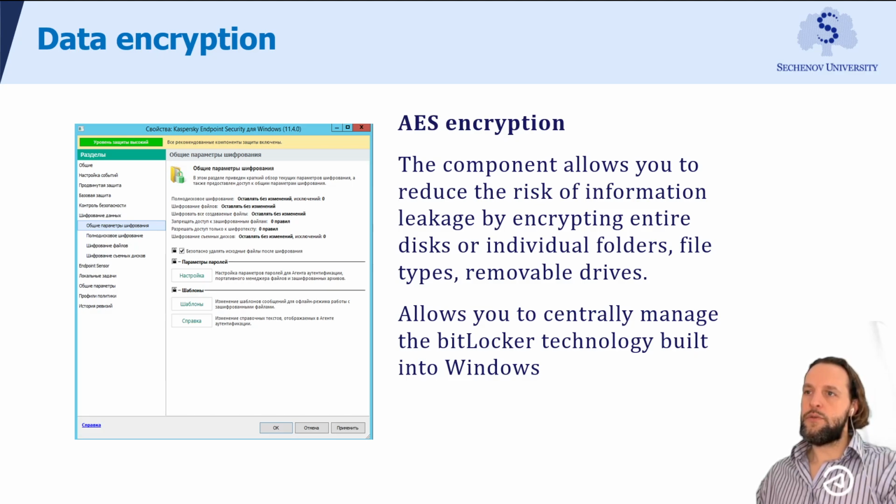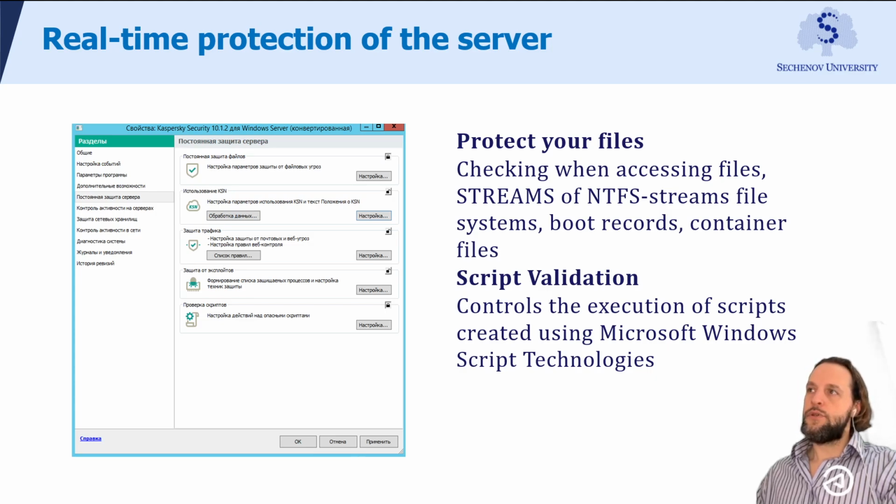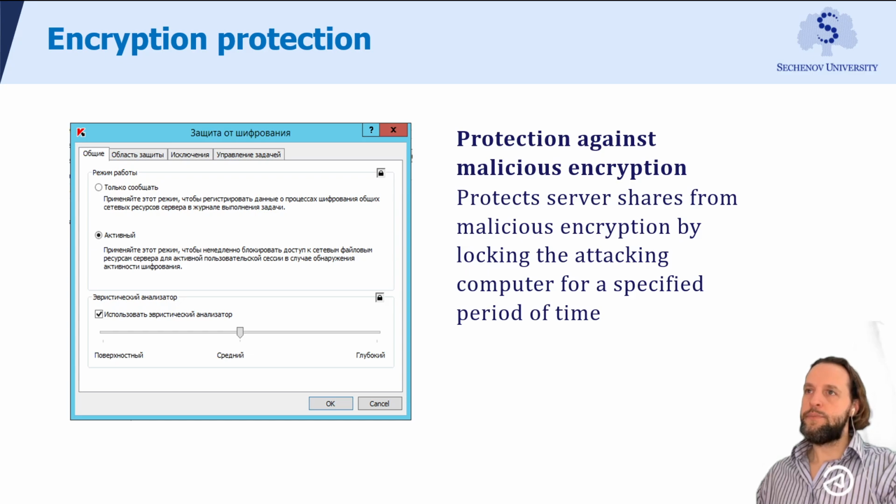It is called BitLocker, and you could basically encrypt your hard drive and store your data securely. This protection could be run not only on your personal computer, but also on the server side, so all the data streams will be controlled, and server-based activities will also be controlled.